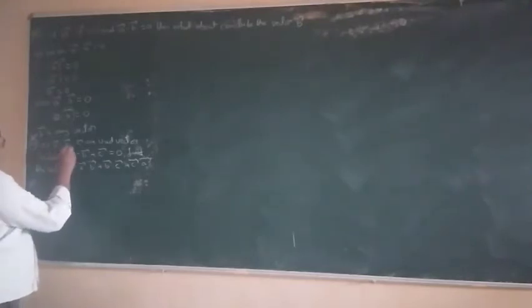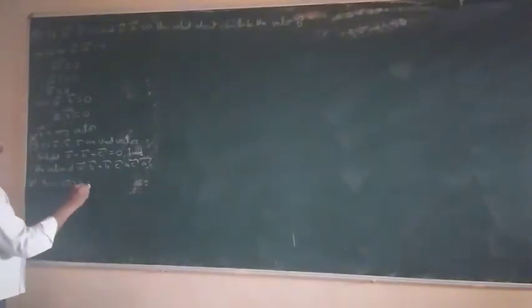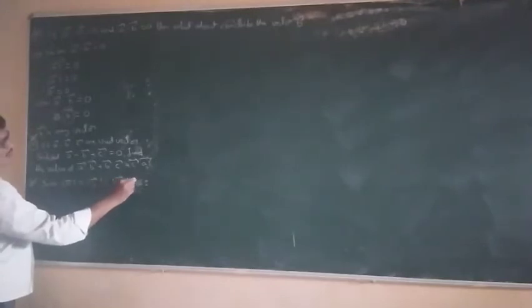A bar, b bar, c bar are unit vectors. What is the definition of a unit vector? Unit vector means magnitude equal to 1. So mod a bar, mod b bar, mod c bar are each equal to 1.